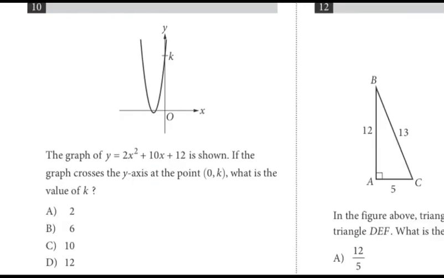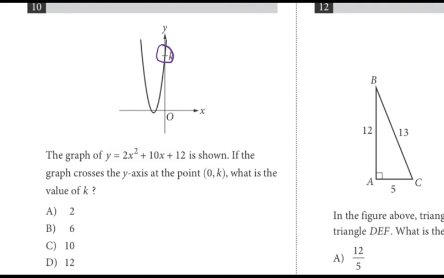The graph of y equals 2x squared plus 10x plus 12 is shown. If the graph crosses the y-axis at the point 0, k, what is the value of k? Well, this is a quadratic equation, and to find k, which is our y-intercept, x would have to be 0, because any point on the y-axis has x equal to 0.